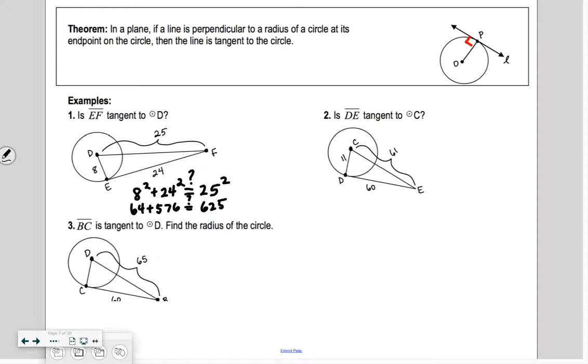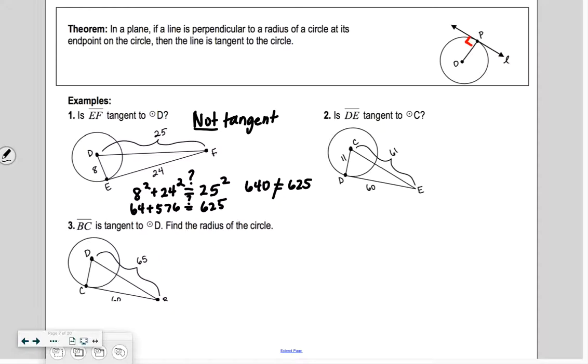Do they add up? 64 plus 576 is 640. Is 640 equal to 625? No. So this isn't tangent.